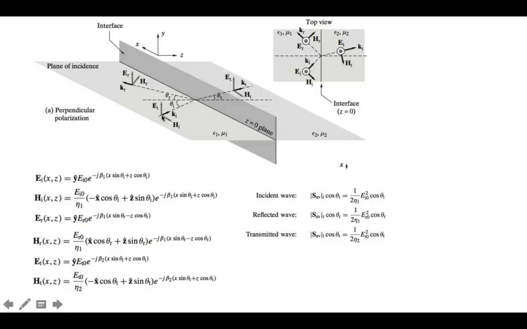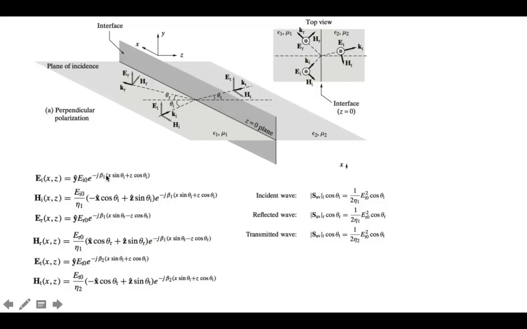So this propagation direction dotted with, or e to the minus what we've been calling jkz, is now going to go to e to the minus j beta 1, which is analogous to what we've been calling k1. And then the direction is basically x times the sine of theta incident plus z times the cosine of theta incident, I'm sorry, the k direction, the direction of the vector.